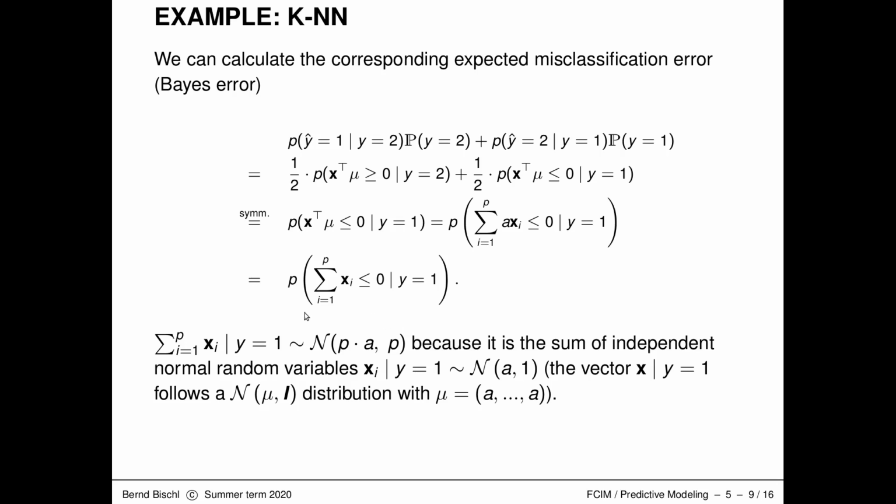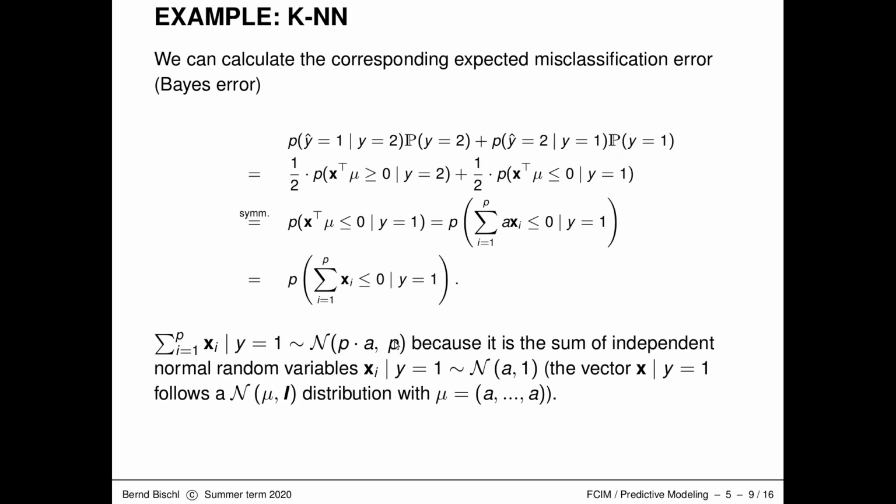We also know how their sum is distributed, given that we are in class 1. So we have a new mean value of p times a, and because of the independence assumption, the variances simply add up as well, so we have a new standard deviation of the square root of p.